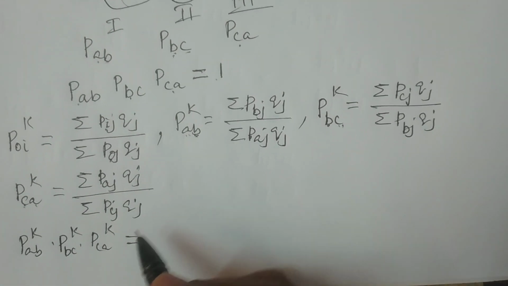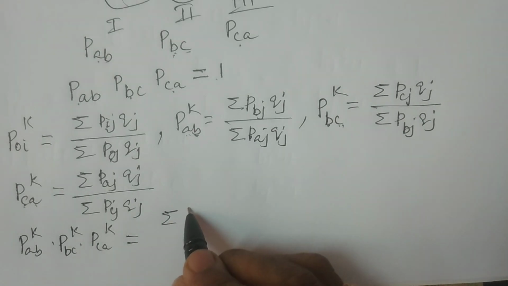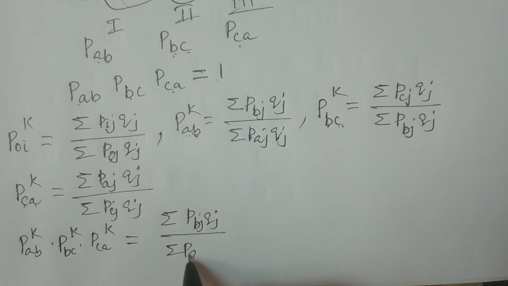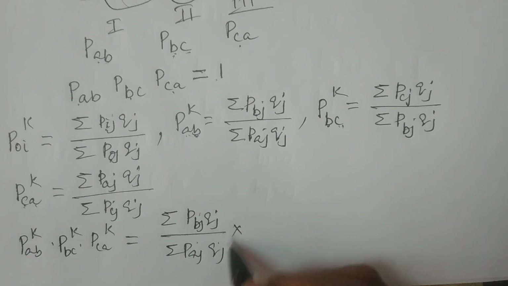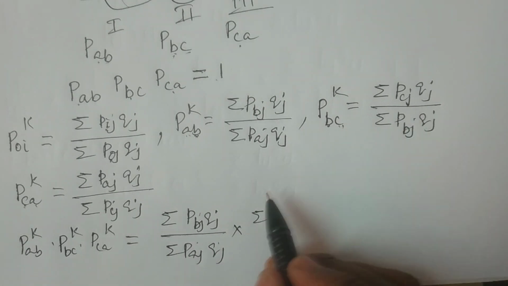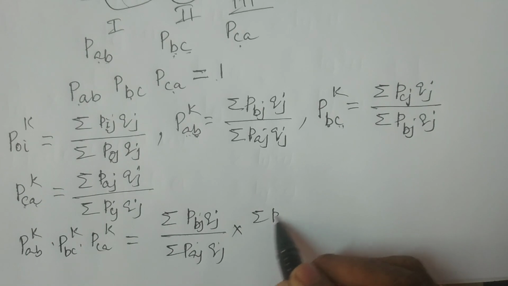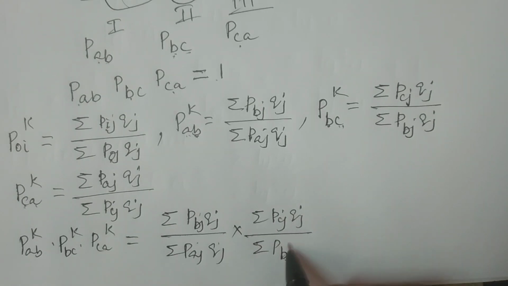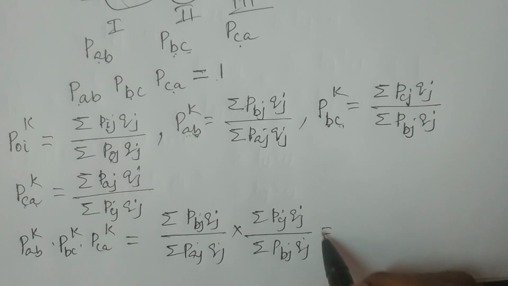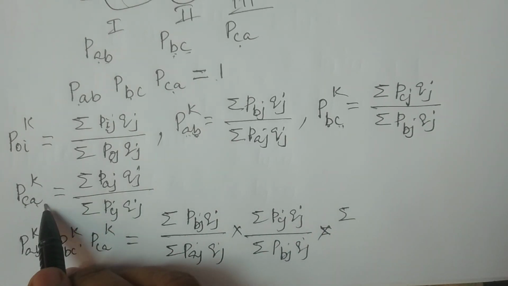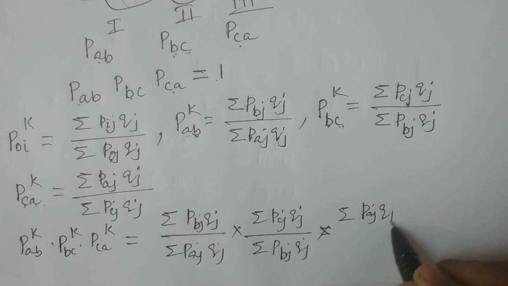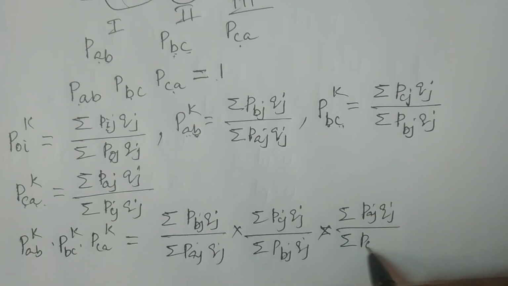Now you write summation PBj Qj divided by summation PAj Qj, multiplied by the second one, summation PCj Qj divided by summation PBj Qj, multiplied by one more, PCA, that is summation PAj Qj divided by summation PCj Qj.